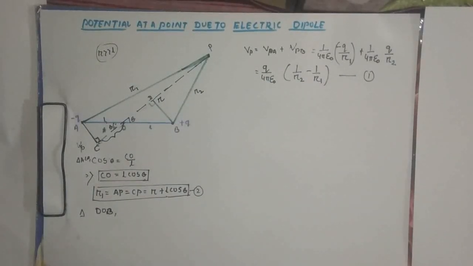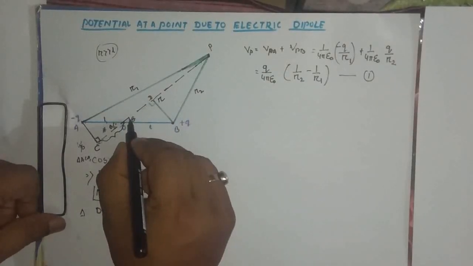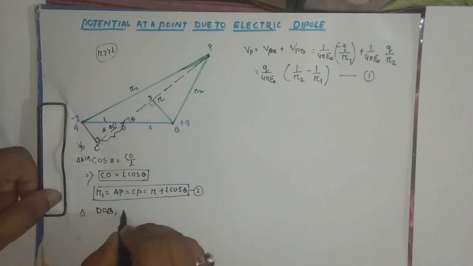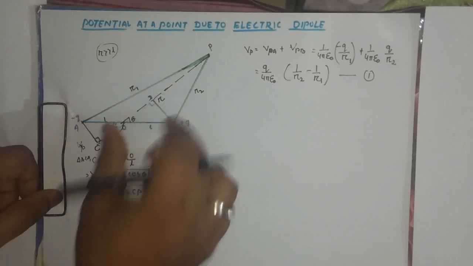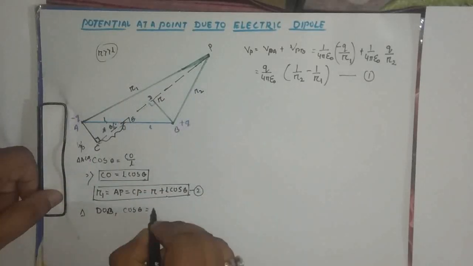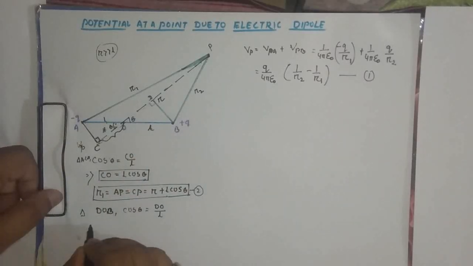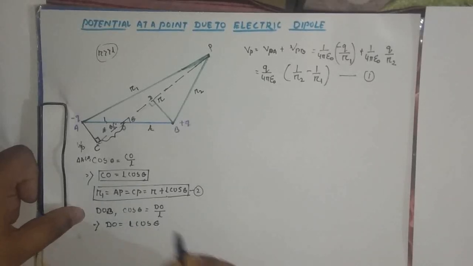Now how to find it? Look here carefully. From this triangle, this is theta. I want to know this base, that means cos theta. So what is cos theta? Base by hypotenuse. The base is my extra distance, DO by L. This is L. So from here, DO, the extra distance, is L cos theta.